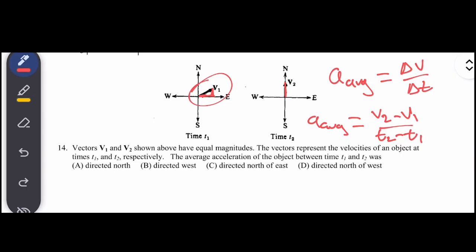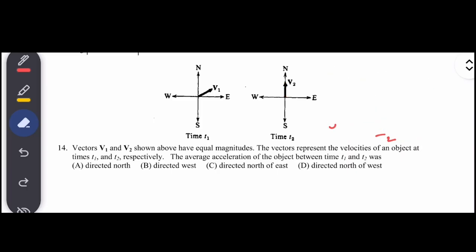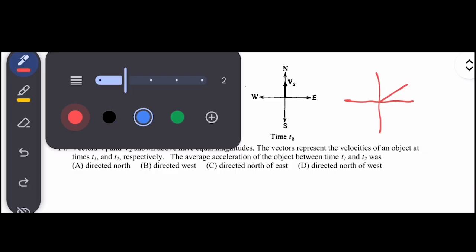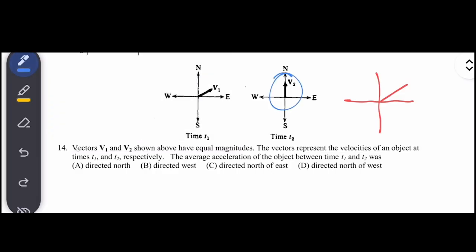But I'm going to show you guys a very quick shortcut to minimize doing all those components and adding them in deciding the direction. So a quick way to do this is just combining these two vectors into one graph. So doing so, creating our own axes, we draw vector v1 in this direction, and we draw v2 in the same way, it's up.